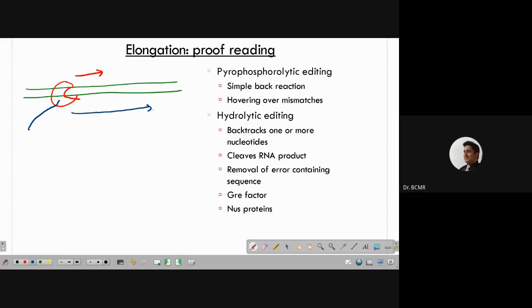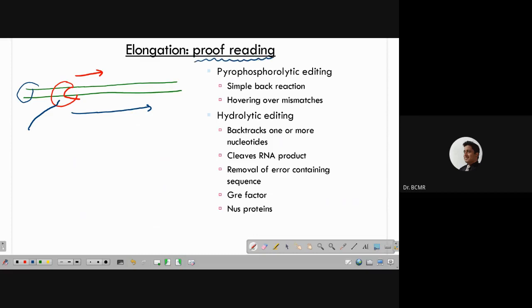Only polymerization is happening, and you have to remember that it is now dissociated from the sigma factor, okay? Sigma factor is essential only for loading of RNA polymerase at the promoter site, okay?